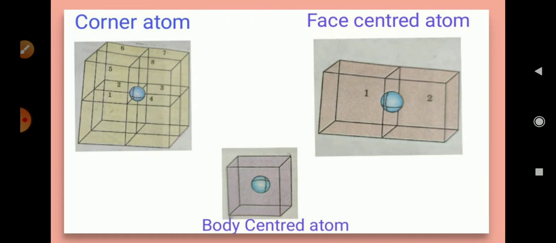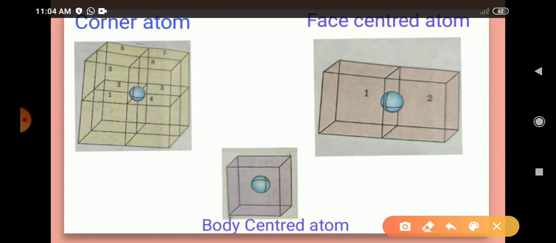Let an atom be present at the corner of a unit cell. You can see the atom.